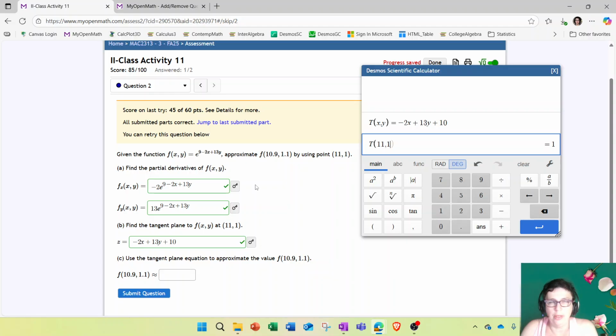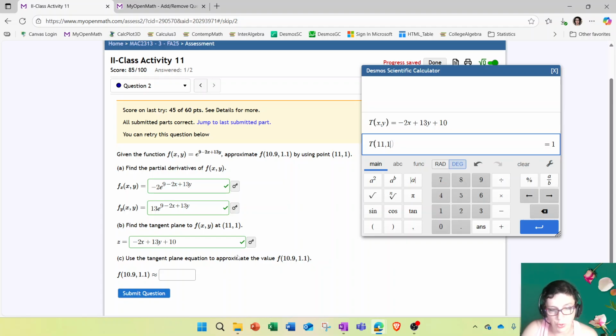Well, imagine, which doesn't quite make sense because nowadays you can plug anything you want into the original function. You can plug in 10.9, 1.1, and technology is going to give you the answer. Sure, but imagine that you don't have this technology and all you have is a simple calculator that can add, subtract, multiply, divide, and that's basically it.